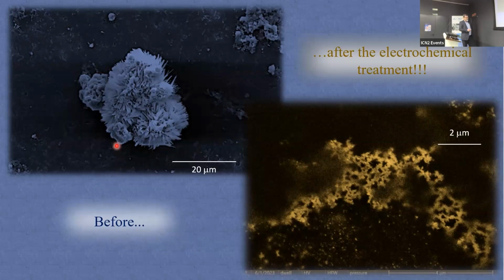Here we can see the morphology before and after the electrochemical treatment. So we have obtained a two-dimensional network of amorphous molybdenum disulfide. So we can observe the high surface area.